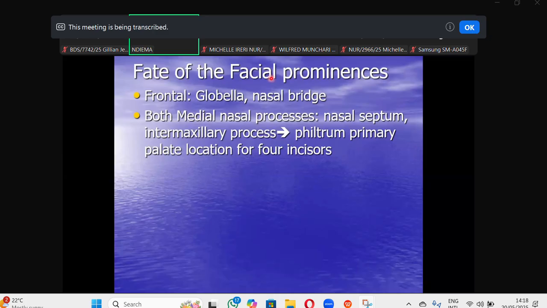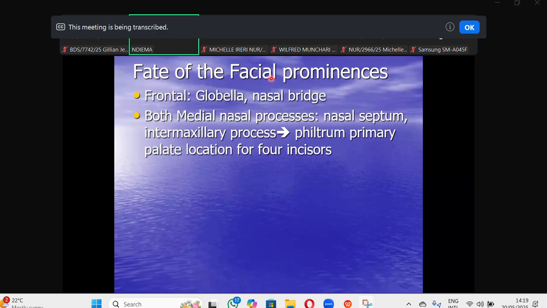There are usually two maxillary prominences. So between these, we have the intermaxillary prominence or process formed by fusion of both medial nasal processes. This ultimately divides or develops to form the philtrum.